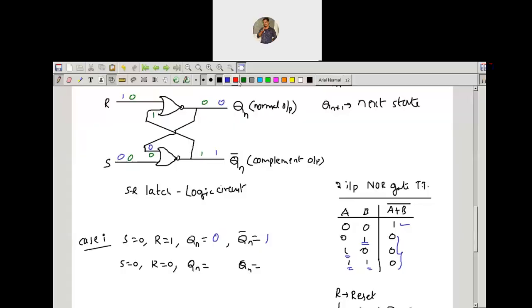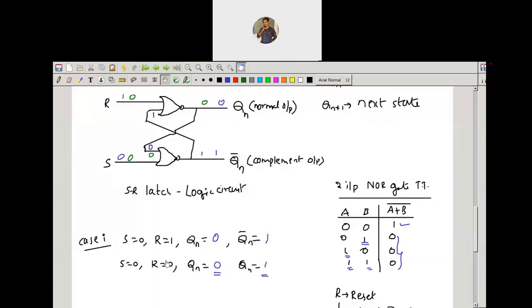So when you reset the inputs, that is when you go for the memory case, you are getting Qn 0, Qn bar is 1. That is, this data is being stored. You are storing the previous data here. So whatever previous data is there, that is Qn equals 0, Qn bar equals 1, that is being stored by the latch when you make both inputs 0.